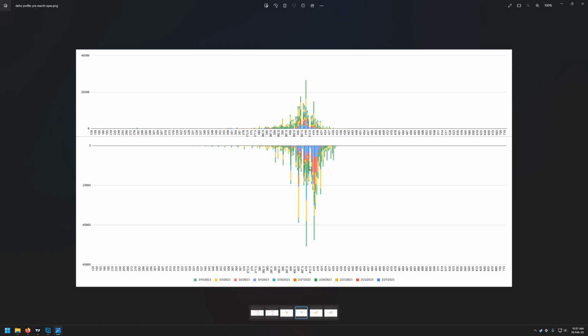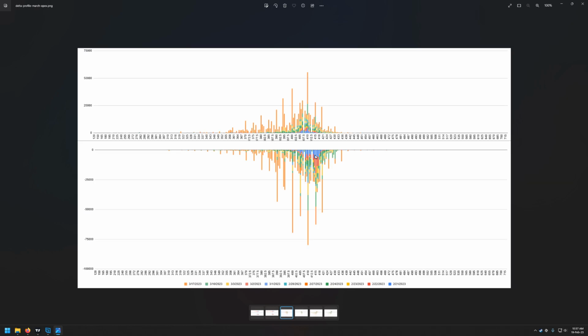And same thing, this is the delta profile. This is what it looks like without March OPEX. This is what it looks like with March OPEX. And we have a lot more fuel to burn once we have a move down going into March OPEX a bit later on.